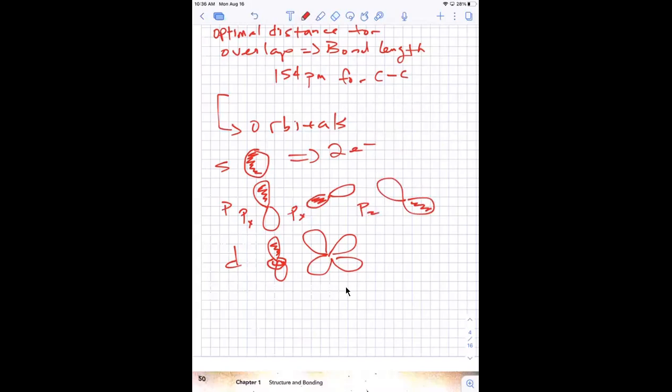So with the s, it can hold 2 electrons. With the p, you have 3 orbitals, so you can hold a total of 6 electrons. And with the d, it can hold up to 10 electrons because there are 5 orbitals. All right, any questions about that?